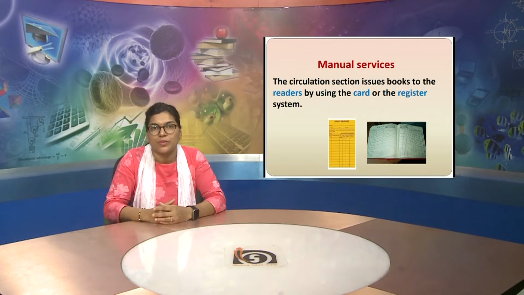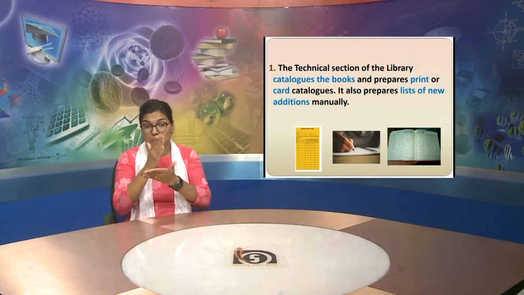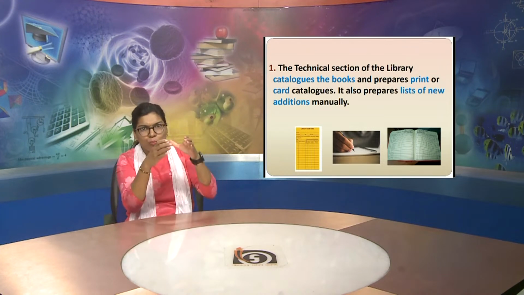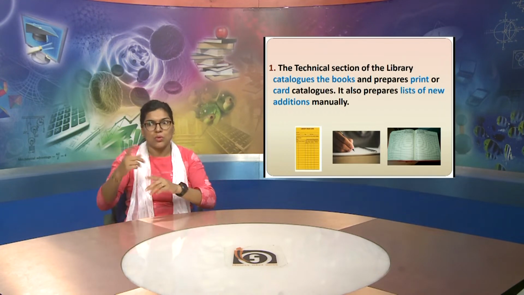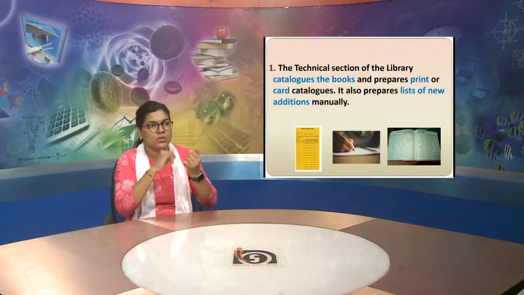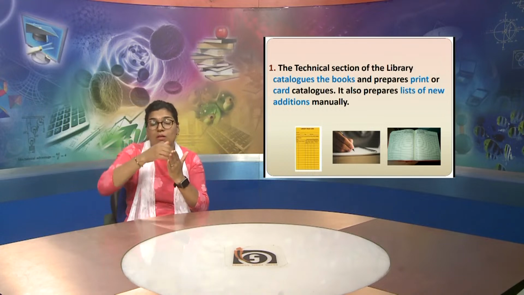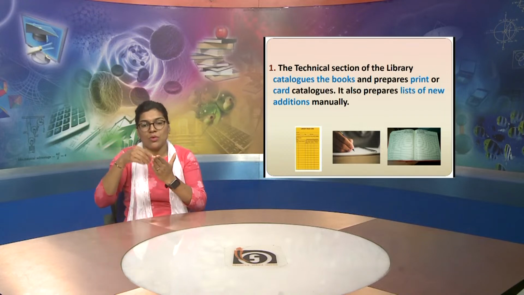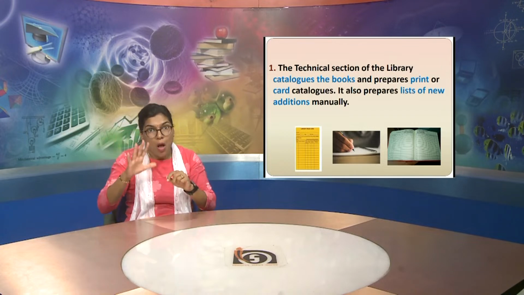Let us understand it in points. Point number 1 explains the technical section of the library catalogs the books and prepares print or card catalogs. It also prepares list of new editions manually. So whatever new books have arrived in the library, their list is provided to the readers coming to the library, so that they can opt for these new books.